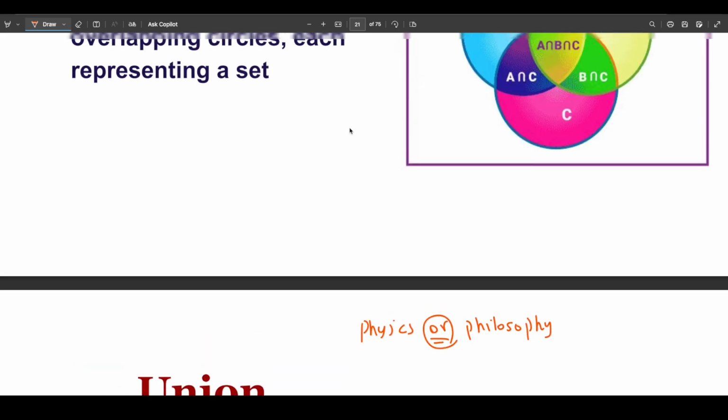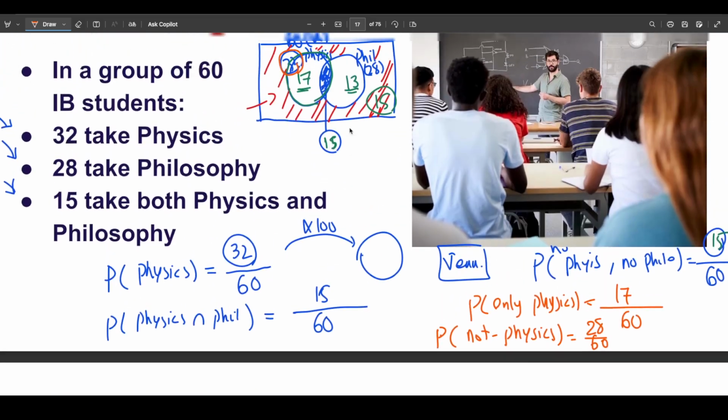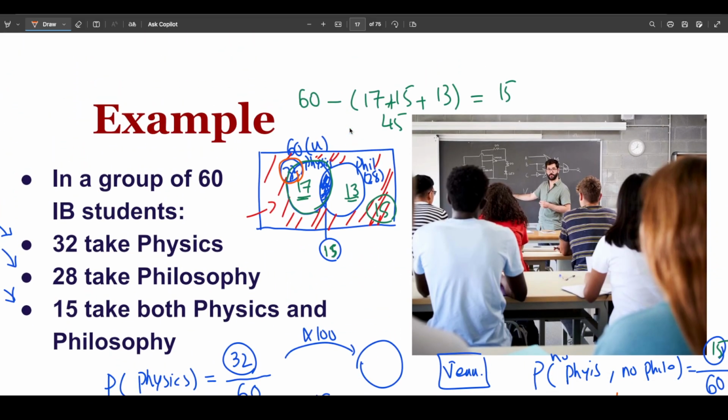For example, if I tell you what is the probability that you choose a student and that student has physics or philosophy, you're going to tell me 17 plus 15 plus 13 divided by the total number, which is 60. 17 plus 15 plus 13 divided by 60, which is 45 divided by 60.